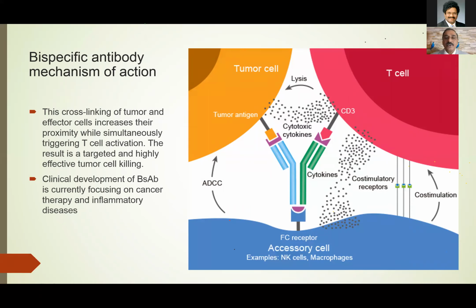Then the cytokines that are produced by the T cell directly act on the tumor cells rather than being wasted in the medium. And also the Fc portion is attached to the innate cells like NK cells, macrophages, other cells that are destroying the tumor cell. So here what we're doing is the Fc portion can attach to the accessory cell. And then the CD3 portion of the T cell is attached to one of the antibody portions.